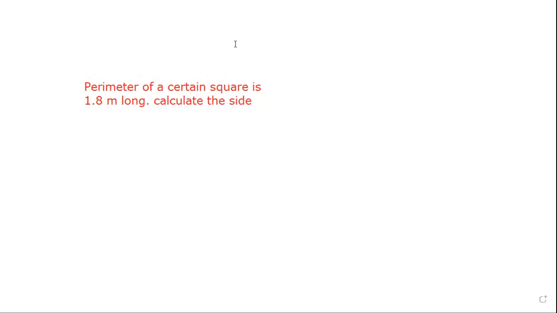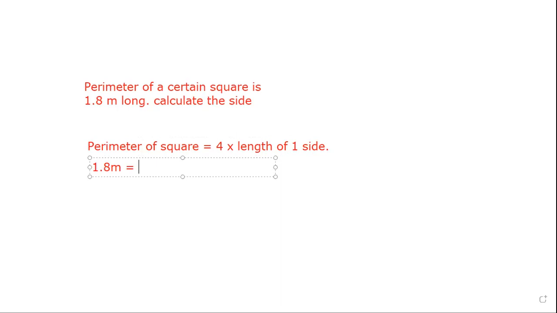The first thing we're gonna do is look at the formula. So the formula for perimeter of a square is equal to 4 multiplied by the length of one side. So we don't know what the length of the side of the square is. That's what we want to find. So let's plug in the values that we do have. So we have the perimeter, 1.8 meters is equal to 4 multiplied by S.